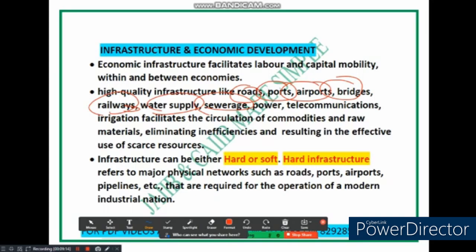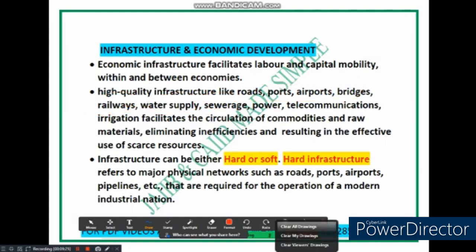Now the next point is that infrastructure can be either hard or soft. Let's talk about what hard infrastructure is and what soft infrastructure is. Hard infrastructure refers to the physical structures and networks that are crucial for a country's industrial and economic development. It includes roads, ports, airports, pipelines, etc. It provides the foundation for economic activities by enabling the movement of goods, people and resources.